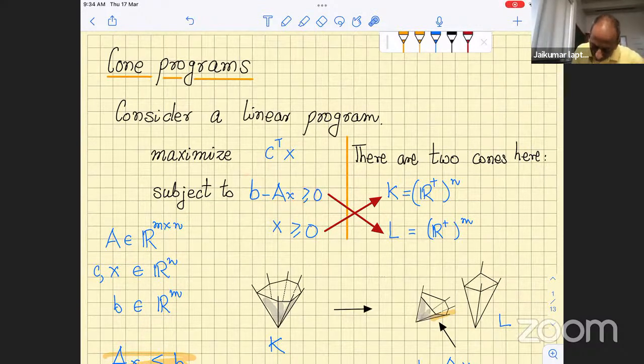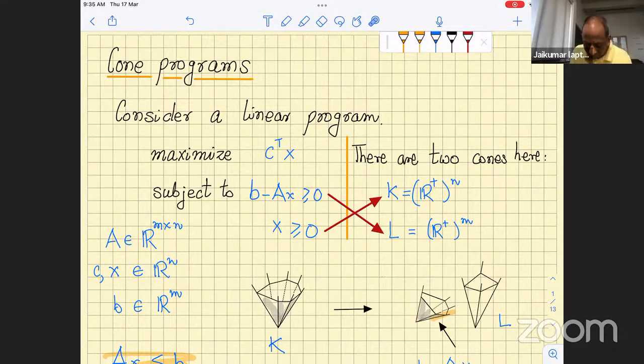So if you had introduced slack variables and set up the inequality that all the slack variables should be greater than or equal to 0, that would amount to basically this. But the point I'm trying to make here is that there seem to be two cones involved. One is X is greater than or equal to 0.